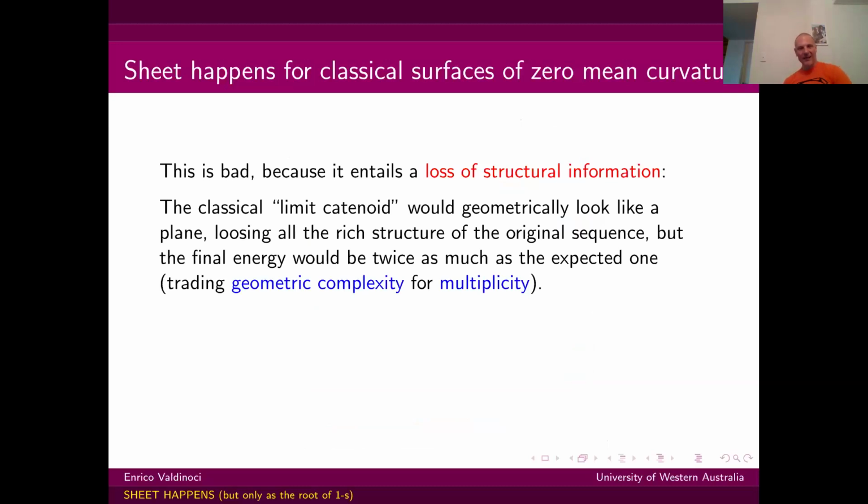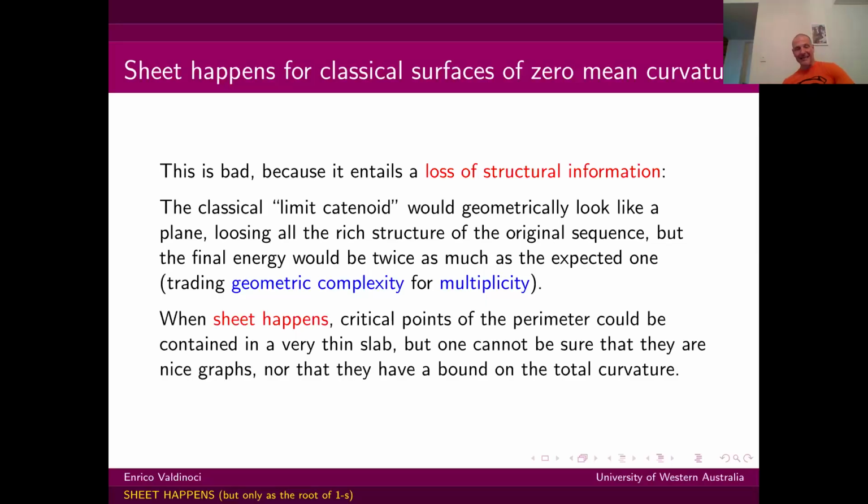And so somehow we are trading the geometric complexity of the initial catenoid for algebraic multiplicity, which in a sense is more difficult to handle, in my opinion, because you lose intuition and geometric interpretation, and you have to rely on currents, varifolds, or more abstract objects of that sort.